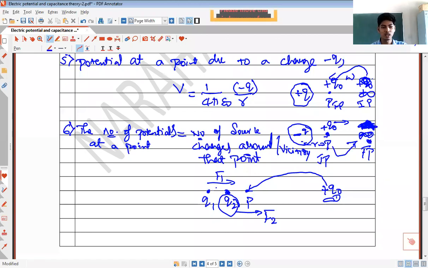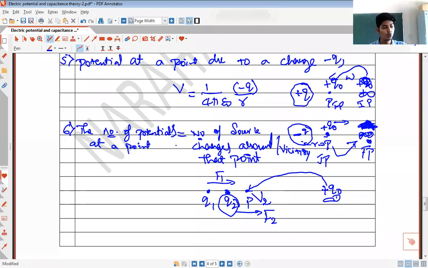So the work done to move the charge Q0 from infinity to point P against the force exerted by Q2 is the potential at point P due to Q2, V2. Work done in moving a test charge from infinity to point P is nothing but electric potential. So if I have done work against Q2, I write the potential as V2.